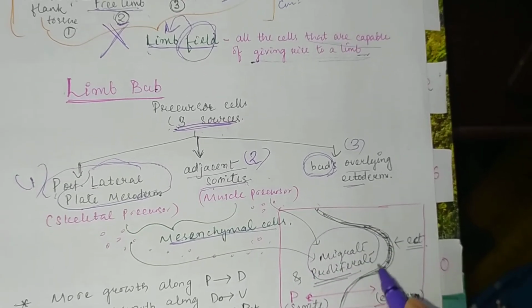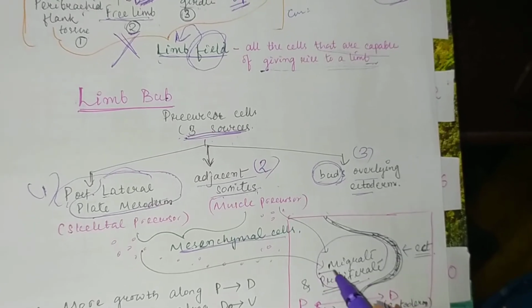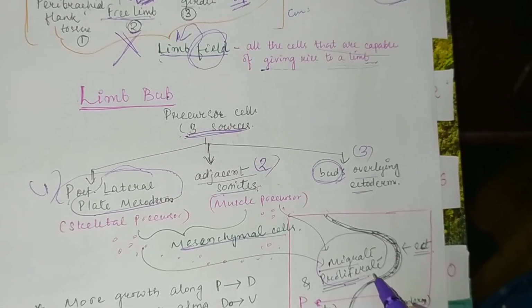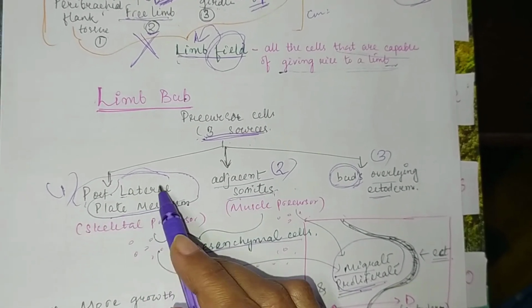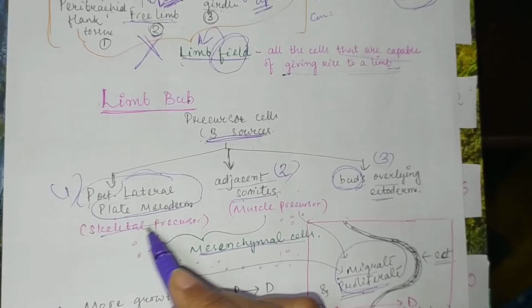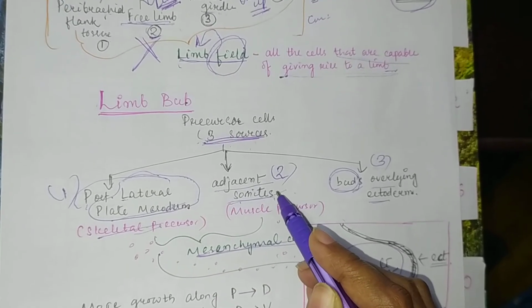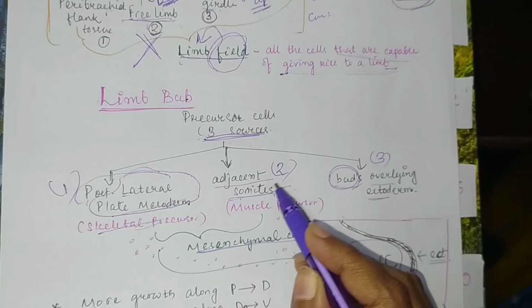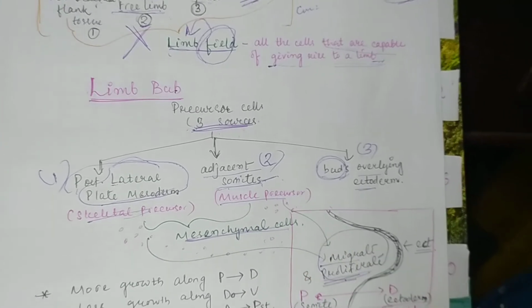So this is the limb bud, and they migrate under the limb bud. Here they proliferate. The lateral plate mesoderm gives rise to skeletal precursors of the limb, while the somite cells give rise to muscle precursors.